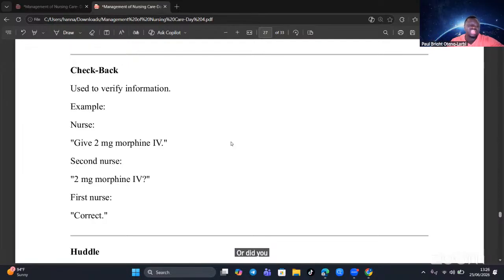Or, did you say cannula? It is used to verify information. Example, the nurse will shout, give 2 milligram morphine IV. The student nurse or the second nurse will say, did you say 2 milligram IV morphine? Then the first nurse has to respond, okay, yes or correct.